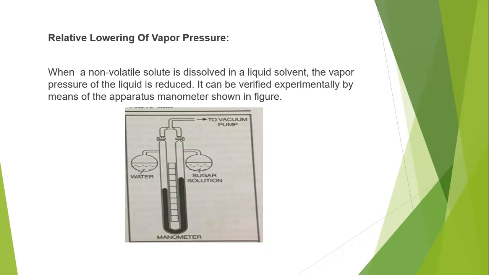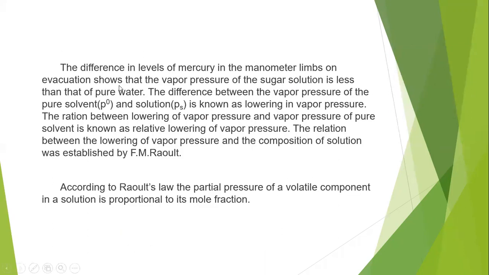When a non-volatile solute is dissolved in a liquid solvent, the vapor pressure of the liquid is reduced, which can be estimated using a manometer. The difference in the levels of mercury in the manometer limbs on evacuation shows that the vapor pressure of the sugar solution is less than that of the pure water.